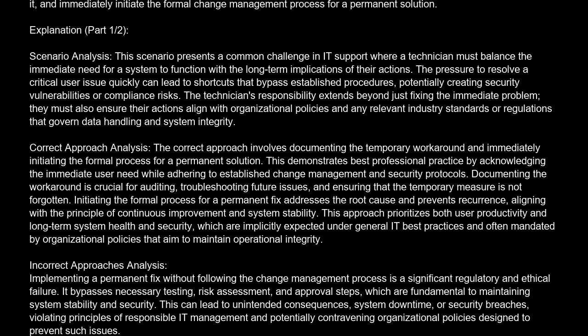It bypasses necessary testing, risk assessment, and approval steps, which are fundamental to maintaining system stability and security. This can lead to unintended consequences, system downtime, or security breaches, violating principles of responsible IT management and potentially contravening organizational policies designed to prevent such issues.